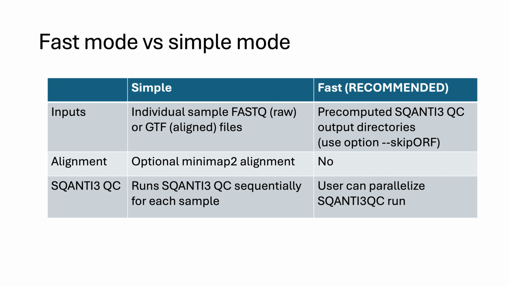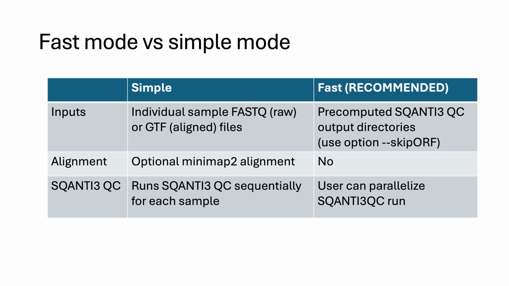This gives you much more control over mapping parameters, since you handle the pre-processing and alignment upstream. Another tip is to use the option skip ORF to skip ORF prediction when running SQANTI3QC. This will really help to speed up your individual runs.